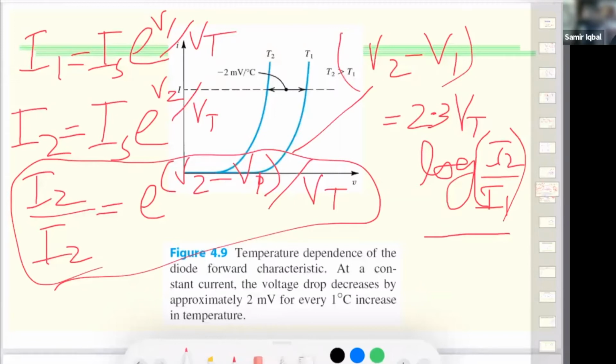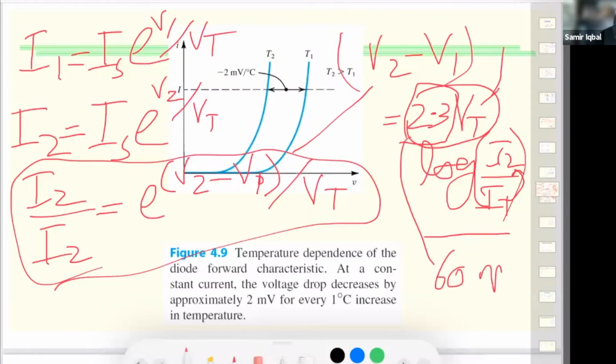So when we plot it, we can see that for a decade change in the current, like if it goes from 1 to 10 or 10 to 100, the voltage drop changes by 2.3 times the threshold voltage, which we know, guys, is 60 millivolts. So what we have found is that if you change the current by a decade, the voltage will change by 60 millivolts.